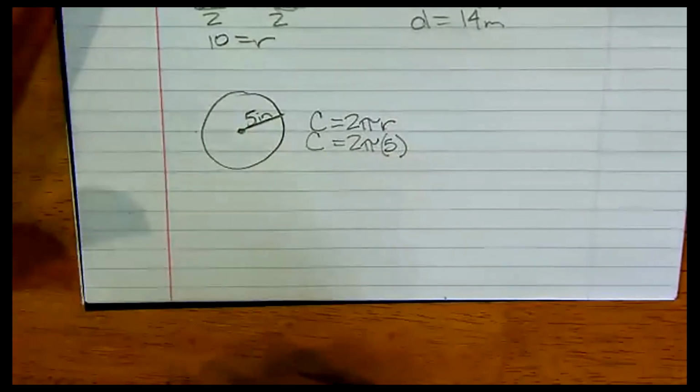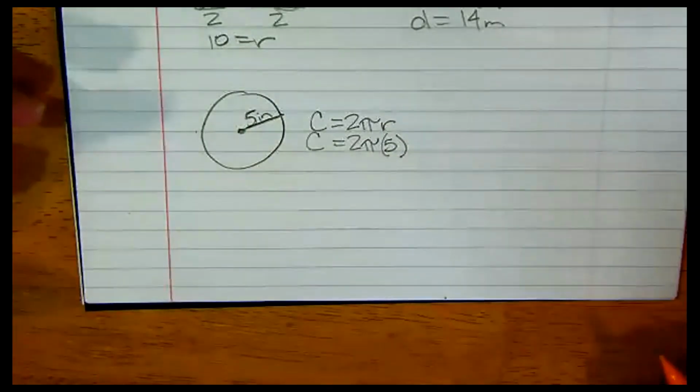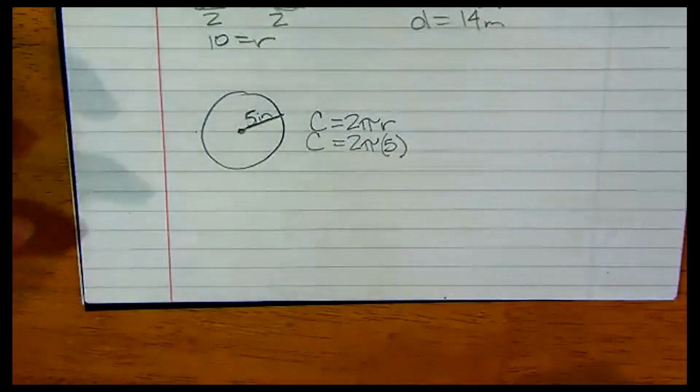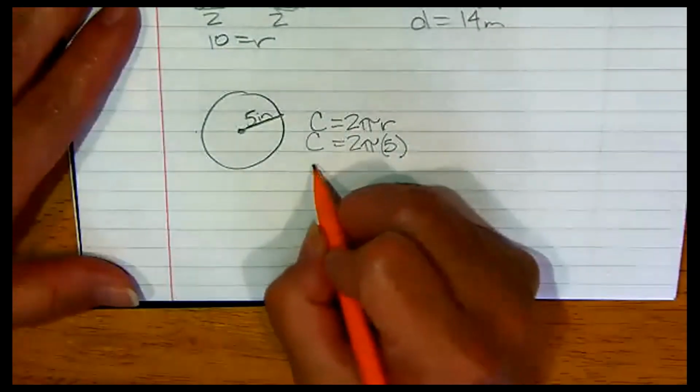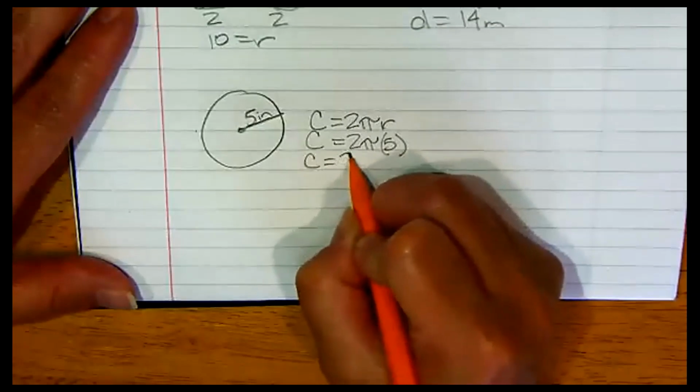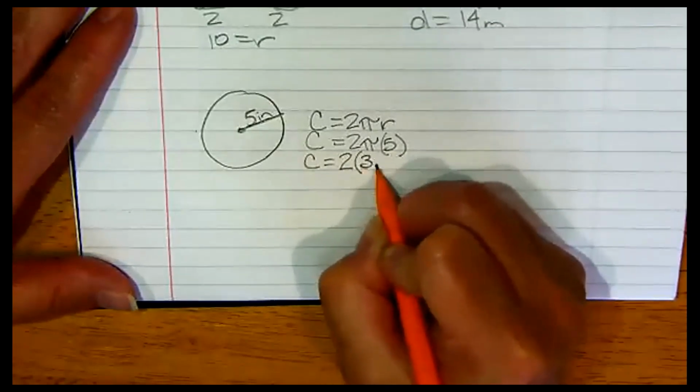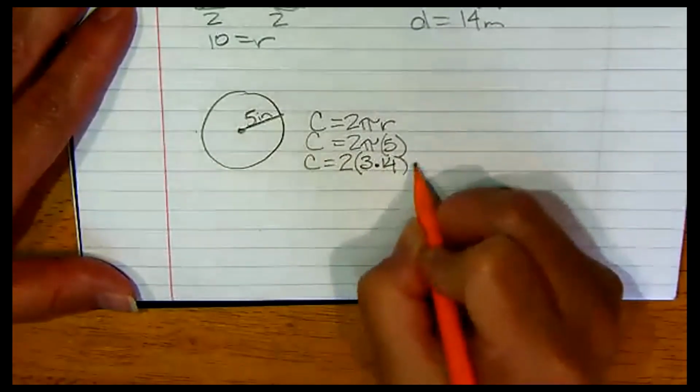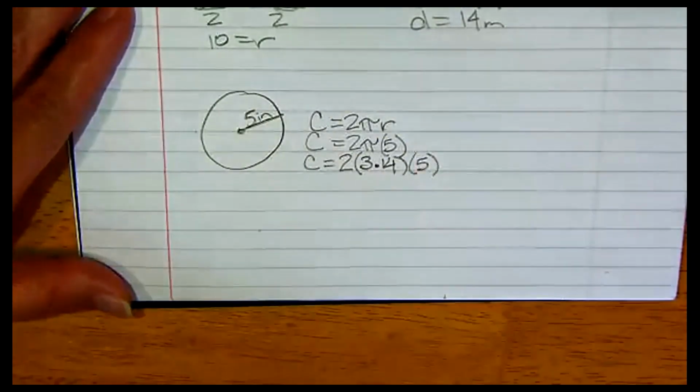Now, you can use a calculator, you can use the decimal or the fraction, it's up to you. So circumference is equal to 2 times 3.14 times 5.